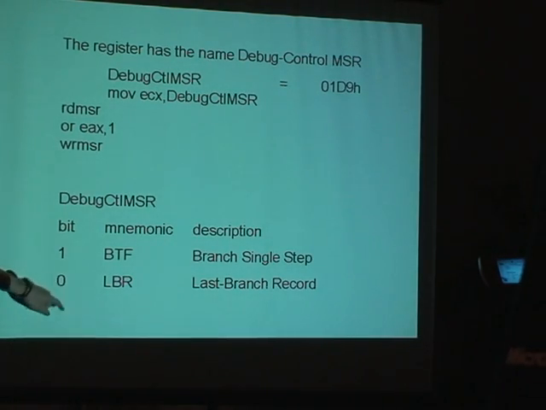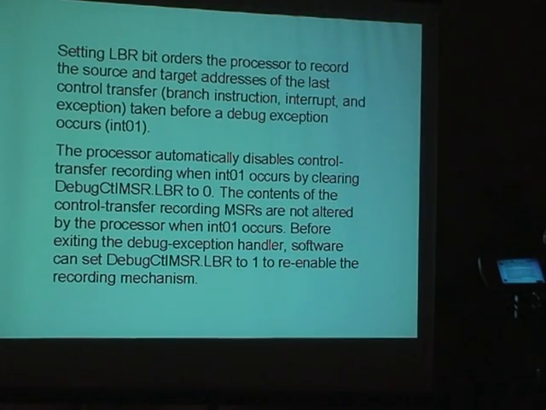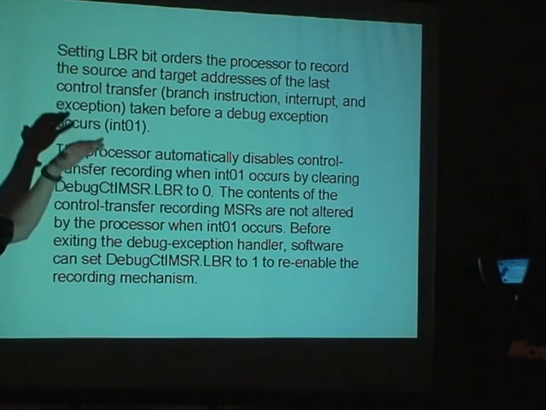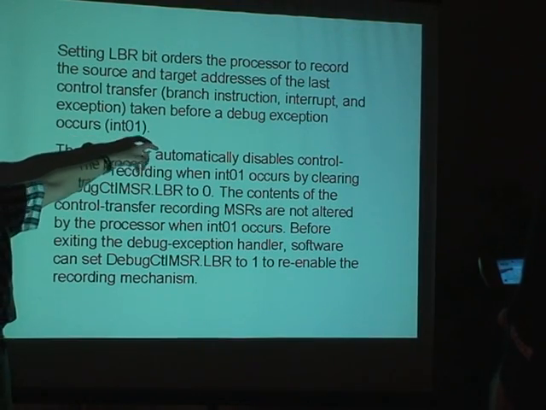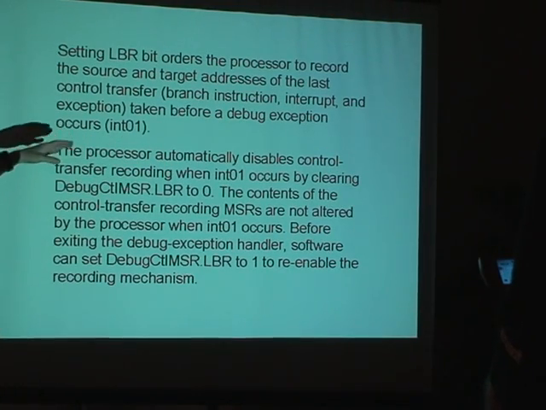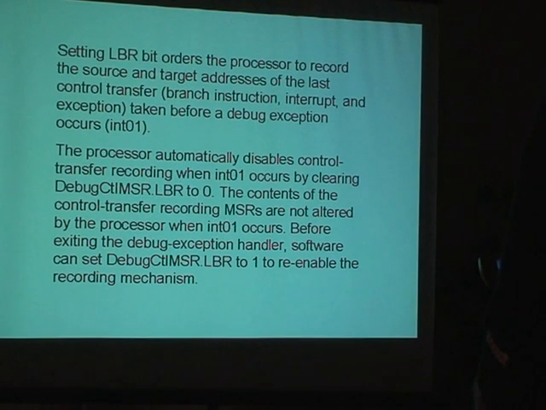Setting this bit 0 orders the processor to start to record the addresses of branches, jumps, returns, calls, and so on, taken before the debug exception occurs. So it records traces of what happens before the exception.